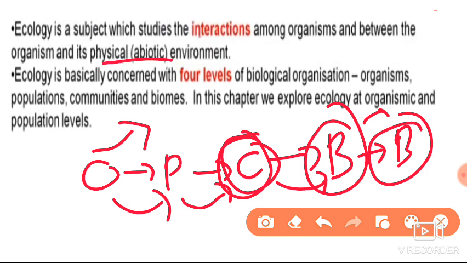In this chapter we explore ecology at organismic and population levels. We'll study completely the organism and population levels in this chapter, not up to the community and biomes.